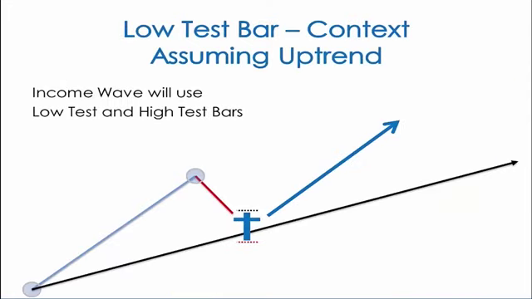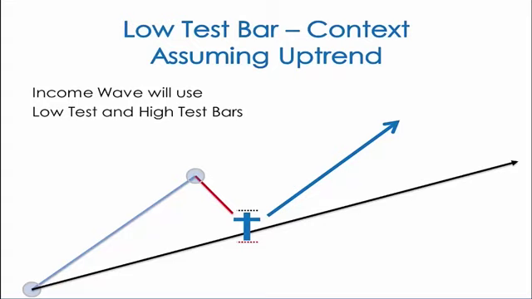Now, when do we use these low test bars? Well, we use them in a similar scenario to the ringed lows. Low test bars are a buy signal. We only use them in an upward trend. So, upward trend, if you get a low test bar, you've got a buy signal. Simple as that. Now, you'll see there's some black text there on the screen that says income wave will use low test and high test bars.